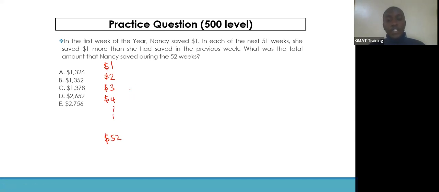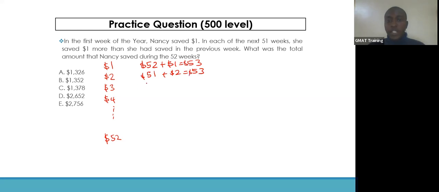Fourth week, $4, all the way to 52 weeks, that's $52, right? Now, a pattern that we need to notice, same as the one that you usually do when adding 1 to 100, is that if you take the highest value plus the lowest value, that's when you have 53, and take the next pair, that's $51 and $2, that's 53.